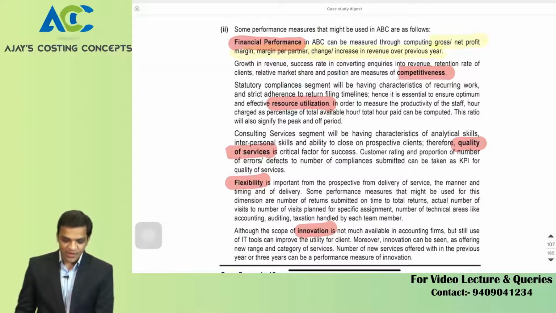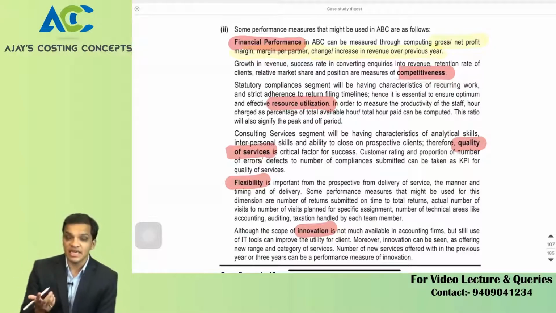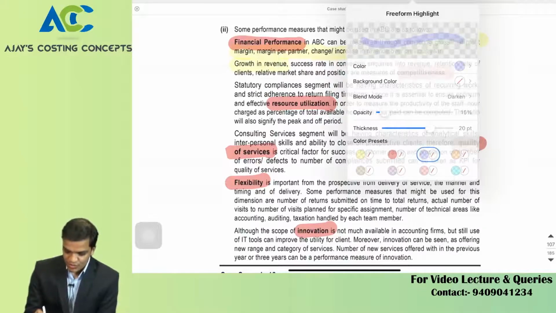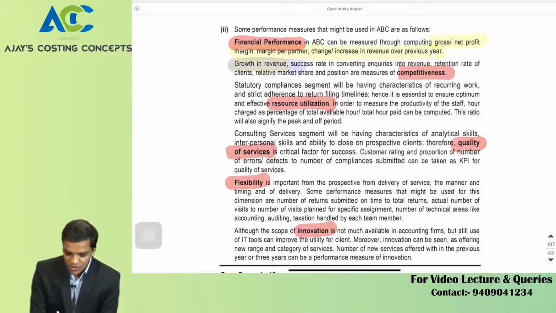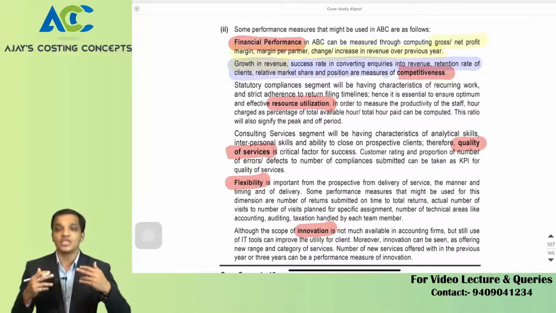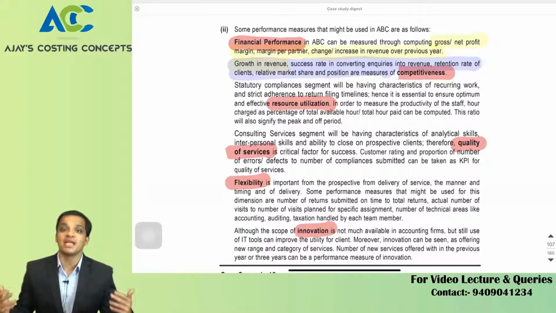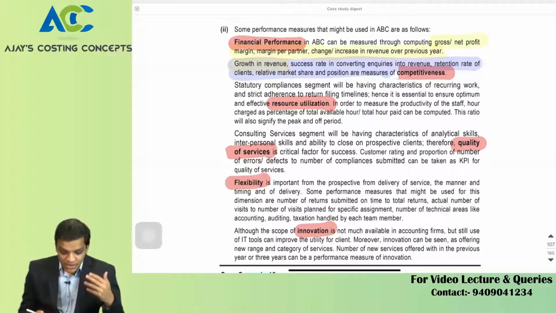How will you measure competitiveness? What is the growth? What is the success rate you are having? So growth in revenue. What is the growth in revenue? What is the success rate at which you are converting into revenue? How are you converting your clients? What is your market share? What position have you been able to achieve? What is the resource utilization done?